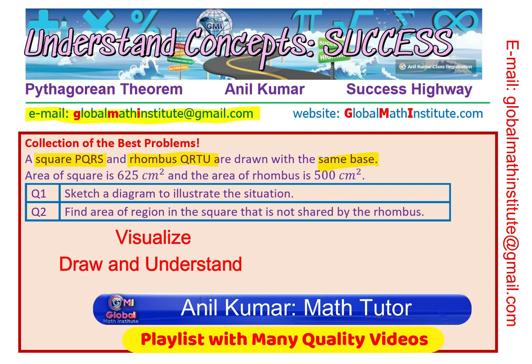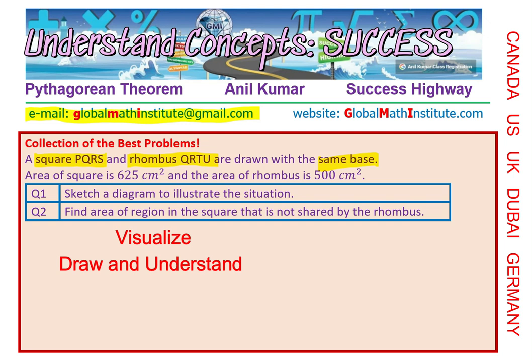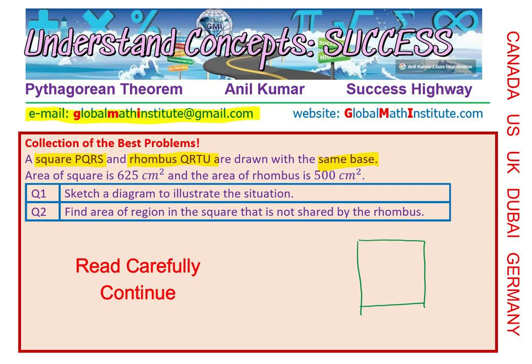So let me begin by sketching the square first. Okay, so let's say this is the square. Let's label. Now, if you see the name, QR and QR are common, right?